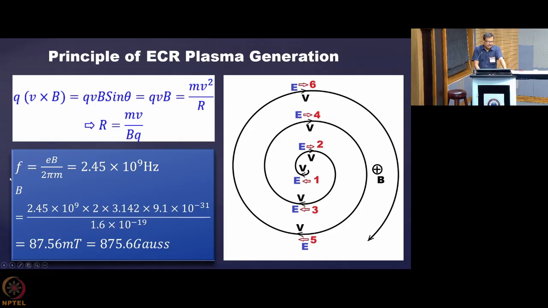So the linear frequency, if you want to know, is eB by 2 pi m. Now this is the frequency of gyration. Now if we want to match this frequency with the frequency of the applied electric field, which is here 2.45 gigahertz, the standard commercial microwave frequency.